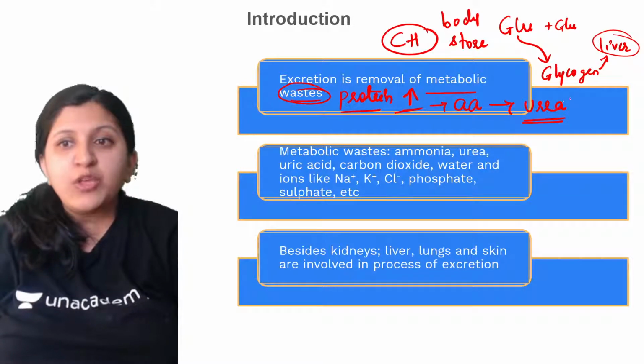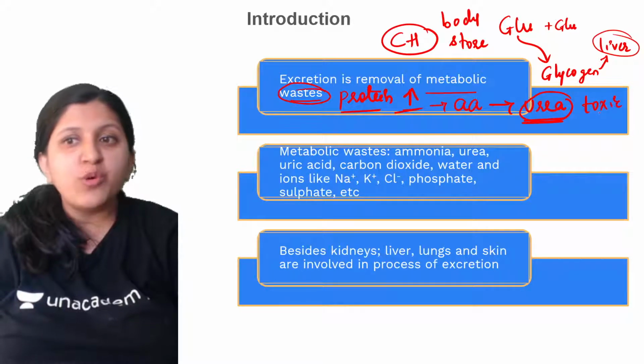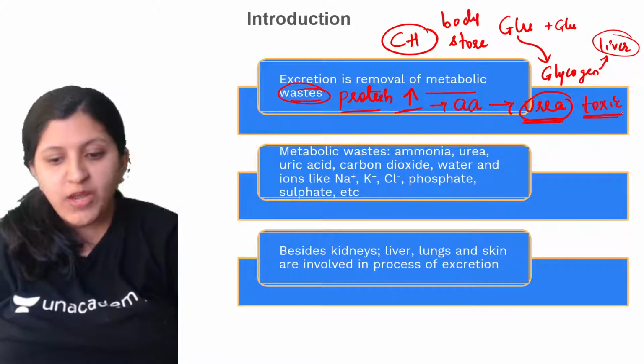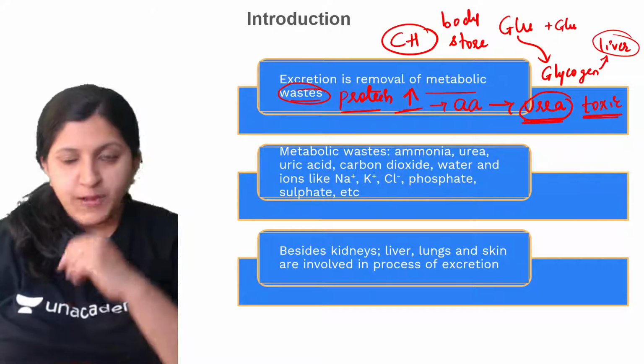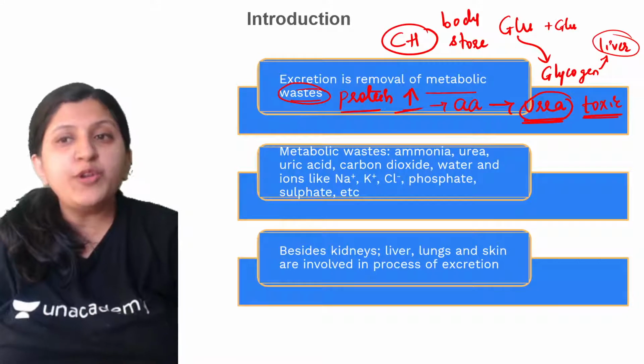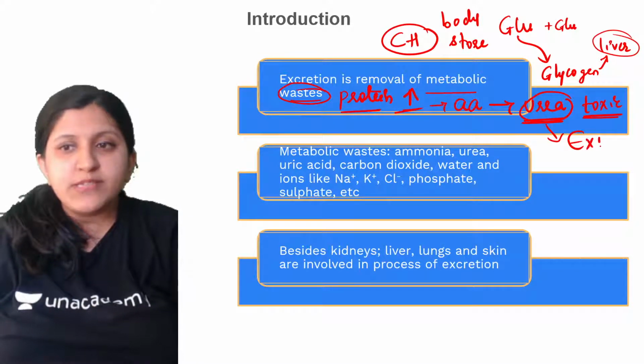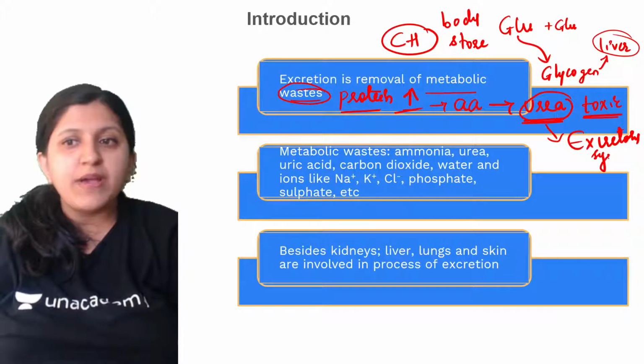And you know that urea is a toxic compound. We cannot store this toxic compound in our body for a longer time period. So in order to get rid of this urea, there is an excretory system.